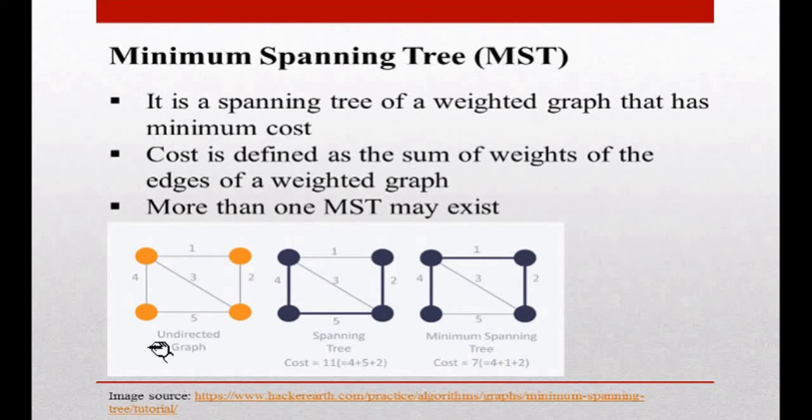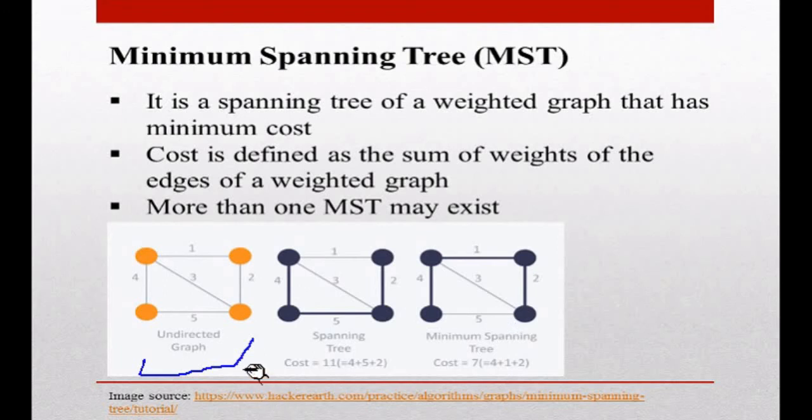Let's take this particular undirected graph. You have 4 vertices and 5 edges, and each edge is labeled with its weight. So this is 1, this is 2, 3, 4, 5. All the edges are weighted. Now how many spanning trees can we generate for this one?